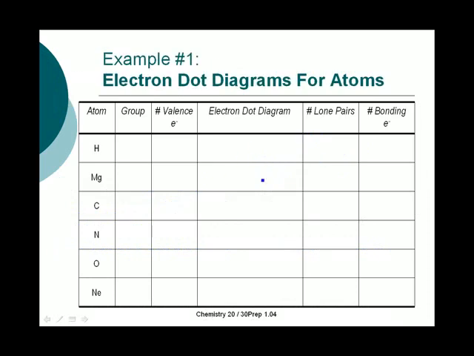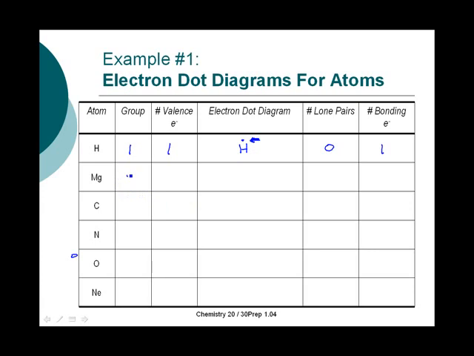So here we'll draw some dot diagrams for some atoms, and we'll go across the chart here. Hydrogen is in group 1, which means it's going to have one valence electron, and its dot diagram would be this. Now it has 0 lone pairs and 1 bonding electron, so it has one spot where bonding can occur. There's a potential for bonding up here because we have an orbital that only has one electron.